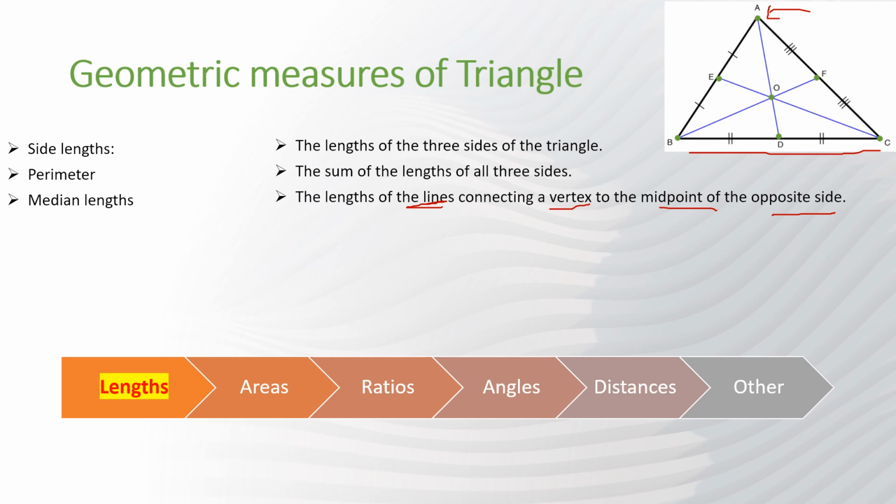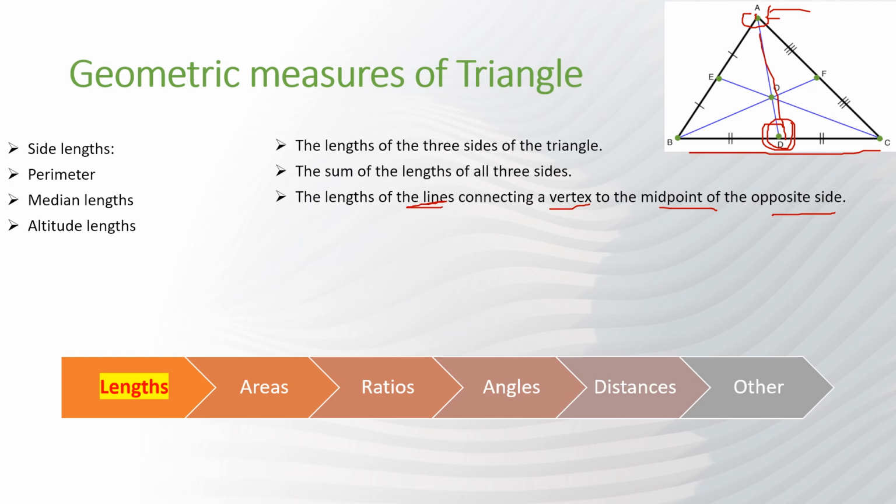So what I will do is find the midpoint of this BC. D is the midpoint of BC. I will join the vertex A to the midpoint of BC. And what is this length? That's called the median. In the same way, BF is also a median, and CE is also a median in this particular case. And yes, we learned about medians.